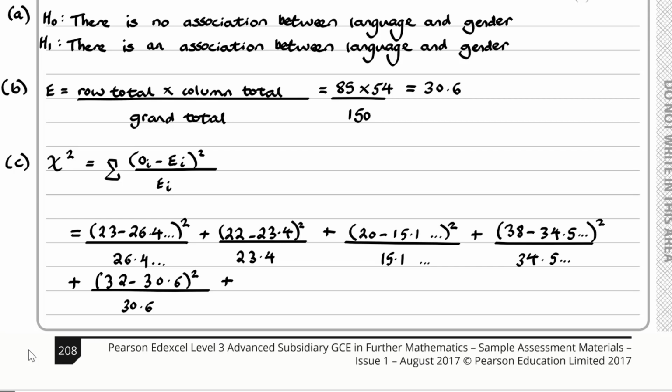Next value, we have 15 minus 19.8, etc. all squared over 19.8, etc.